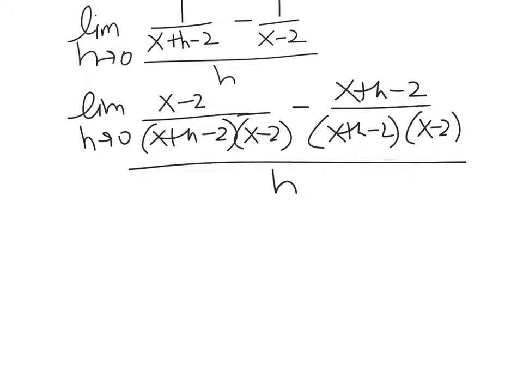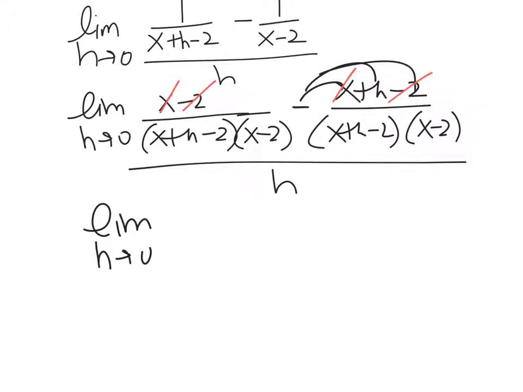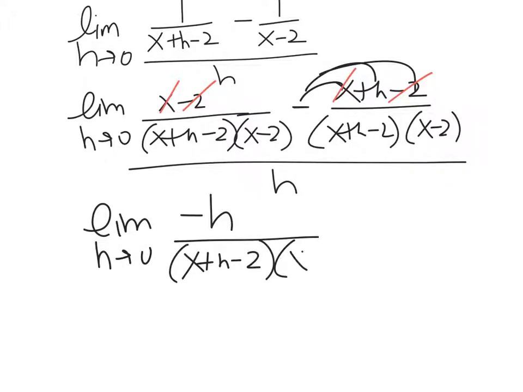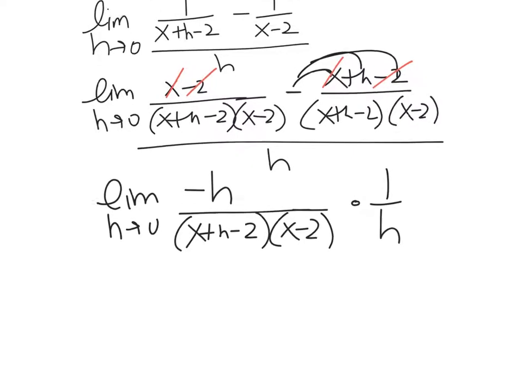All right, so when you subtract here, x minus x will be gone. I get a -2 minus a -2, that's gone, and I end up with a -h. Be careful, that's always going to be -h. And then on the bottom, I have x plus h minus 2 times x minus 2, and this is all over h, but I like at this step to change it to 1 over h and multiply.